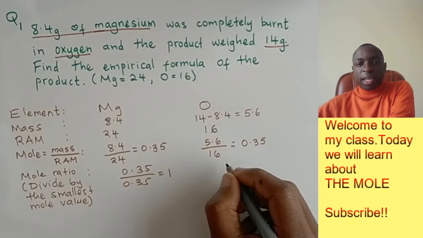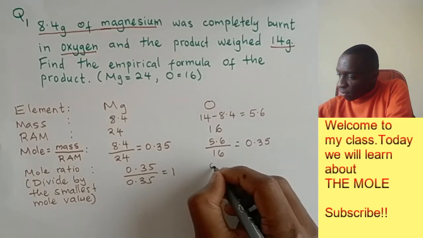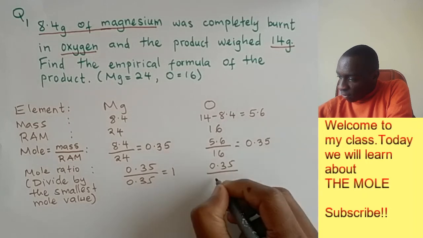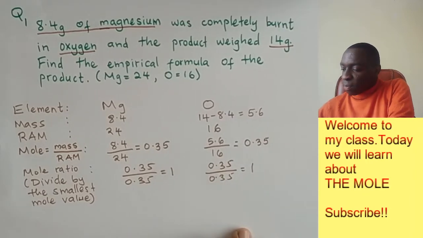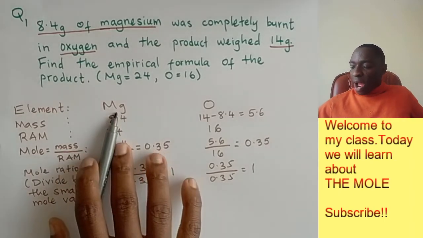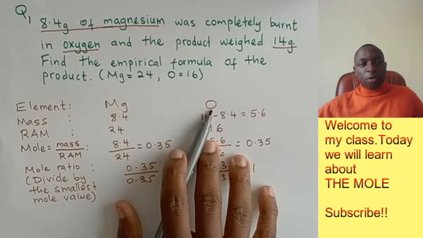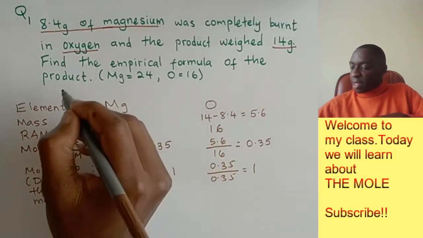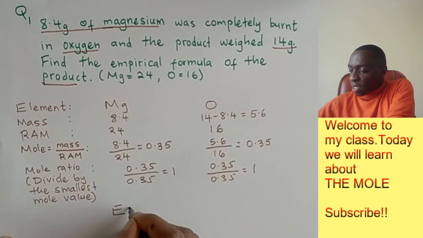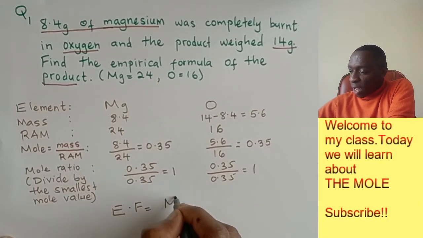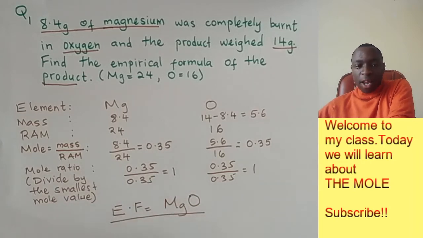And the same thing will happen on this other side. So what this means is that one atom of magnesium combines with one atom of oxygen to form this product. So the empirical formula of the product is going to be MgO. So that is the empirical formula of the product.